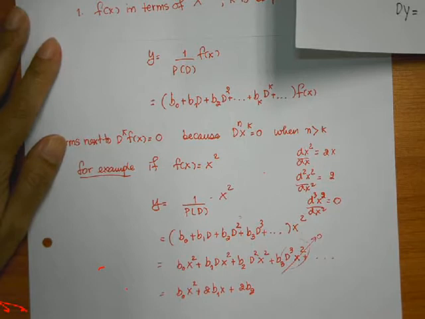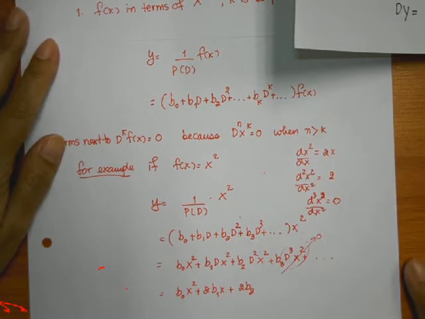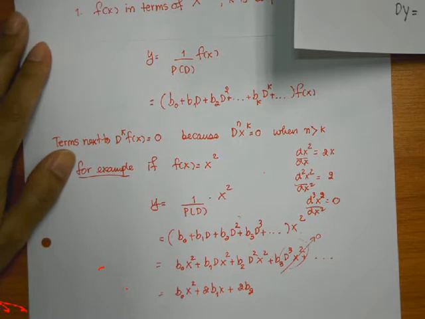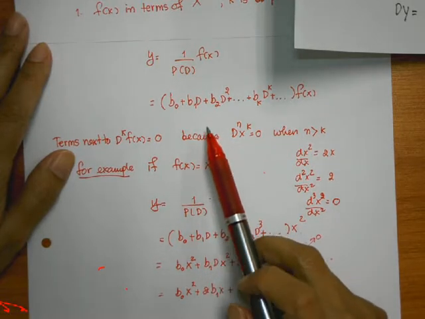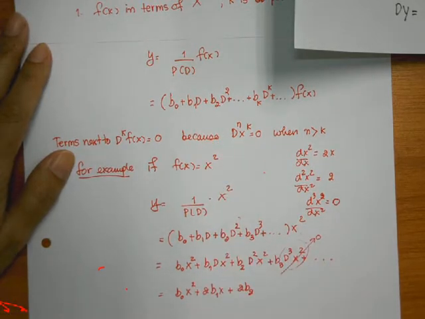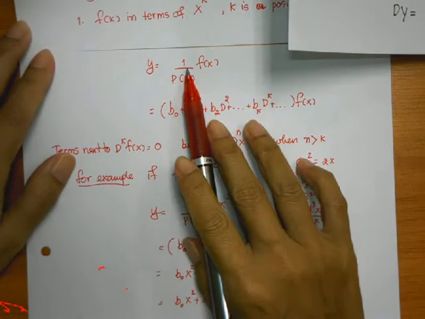So whenever you have f(x) in the form of a power of x or a polynomial of x, then the way to find y_p by the shortcut method is that you have got to write down 1 over P(D) in this form.